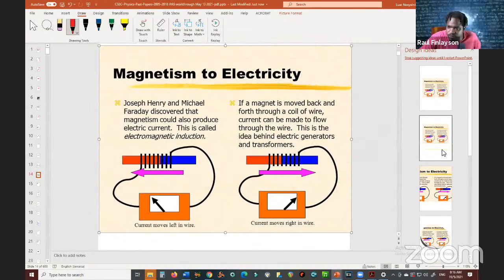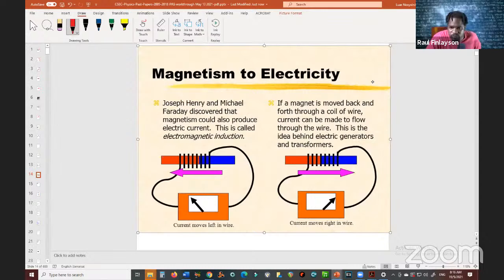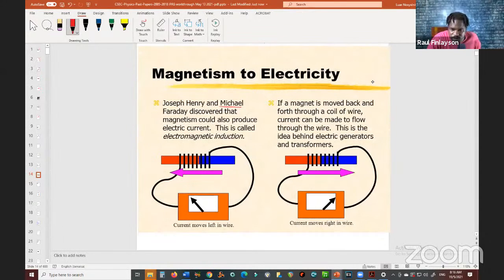This guy comes up a lot in this topic: Michael Faraday. He discovered that magnetism can cause a current, and the term used is induction.